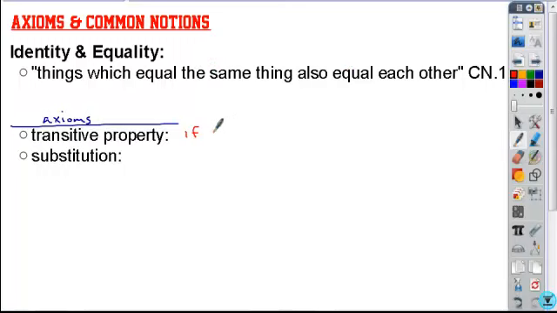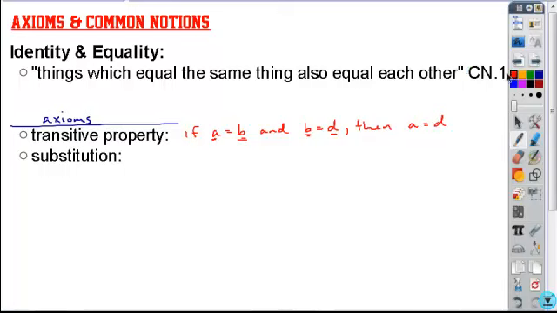So if A is equal to B and B is equal to D, here's two things, A and D, that are equal to the same thing, B. Therefore, they're equal to each other. So if A equals B and B equals D, then you know that A has to equal D. So this is a case of the transitive property, and it's just a strict interpretation of this first common notion.